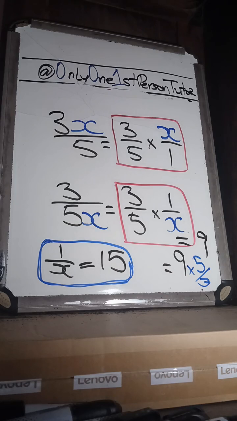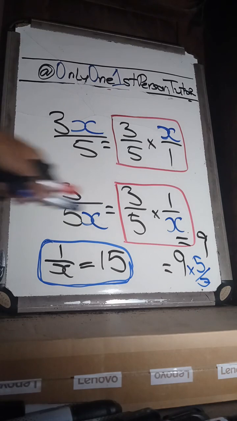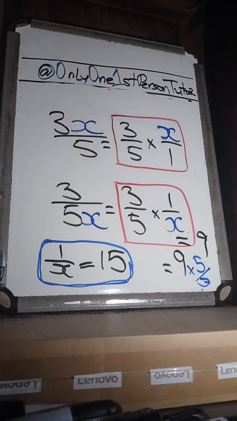So then x is equal to 1/15. Yeah, that makes sense. So this is the one we need to be careful of. That one is a little bit more straightforward, because in this case, you multiply both sides by 5/3 and you end up with x.